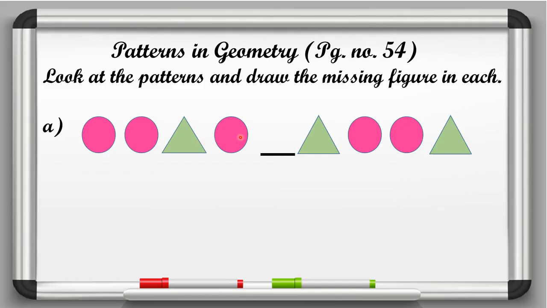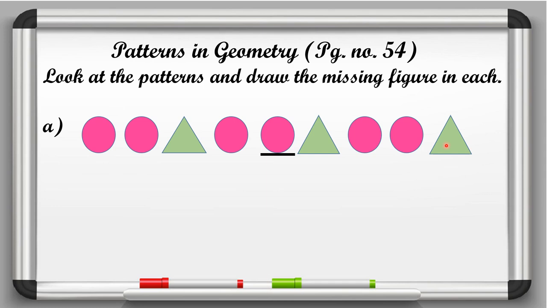So here you can see one circle is given and then dash is given and then triangle is given. So we will have to make here one circle. Now you can see this pattern is complete. Two circles, one triangle, two circles, one triangle, two circles, one triangle.